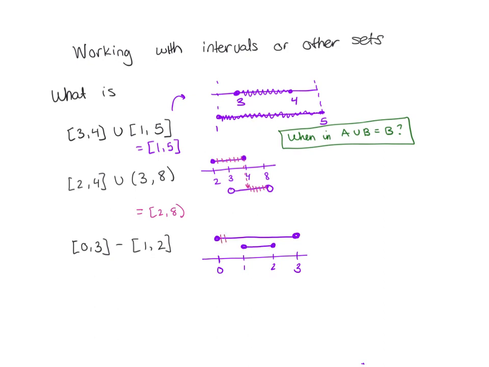So I'm still going to have these points starting at 0 all the way up to 1. I did get rid of that number 1, so now I have an open interval there. And then I'm going to start again here at 2, but not including it, and go up to 3. And I include that 3. And I can write that as the union of those two intervals. So that's going to be my difference there.